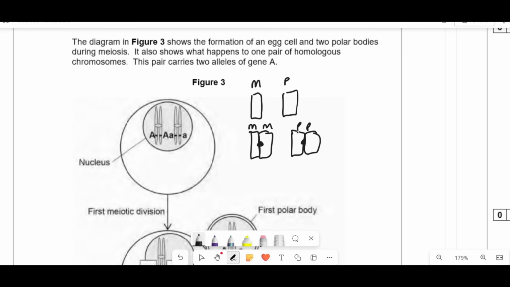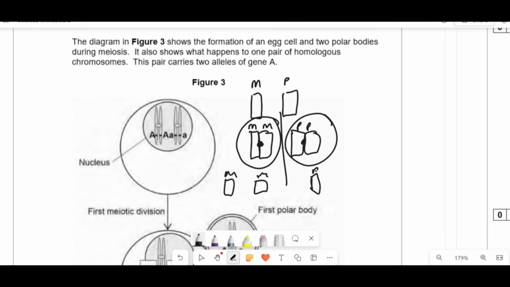In meiosis 1, the homologous chromosomes separate, as in these separate. So now you end up with a cell that has this and this. It's haploid now because it doesn't have maternal and paternal. It only has maternal. It's just got 2 times the haploid number, not 2n. And this will have the paternals. In meiosis 2, these chromatids separate now, so you get maternal, paternal. That's what happens in your haploid now.